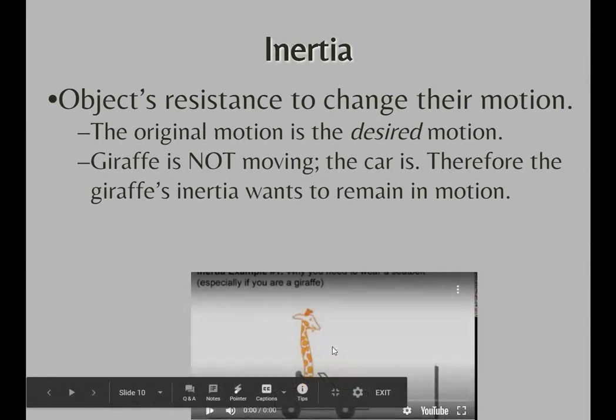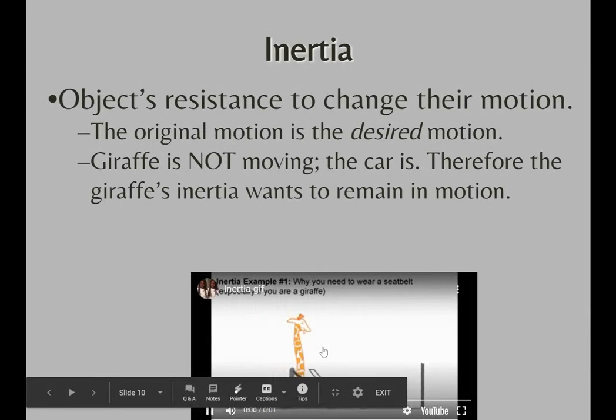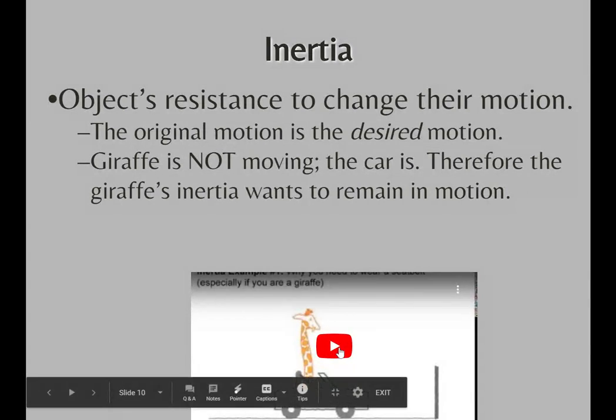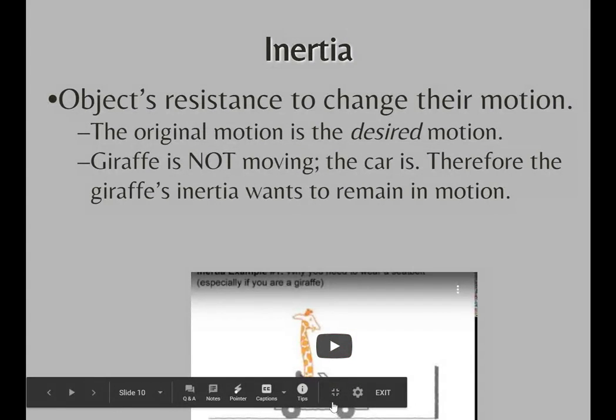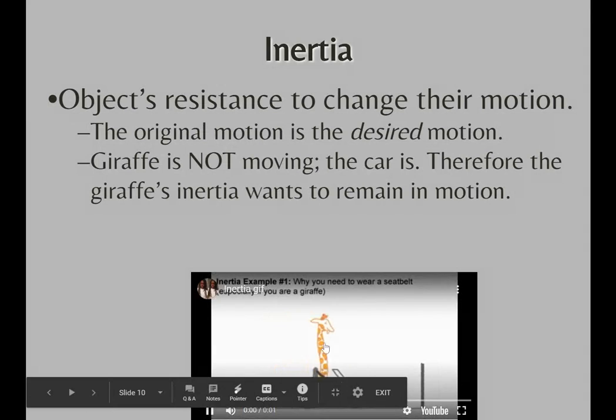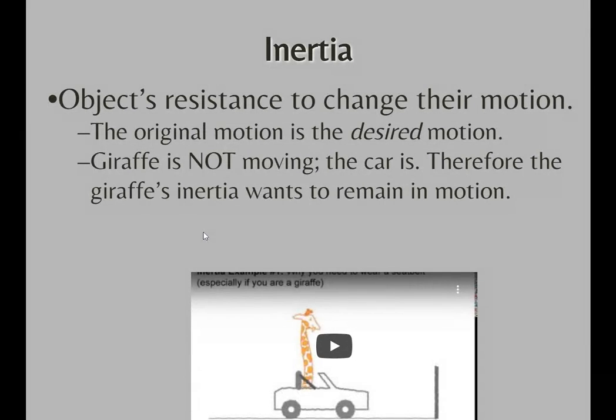So if we look at this GIF at the bottom, you see that the giraffe's neck moves once the car hits the wall. Well, what does that mean? That means that when we're in the car, we're not moving in the car. The car is moving, okay? And this is the reason why it's important to wear seat belts, because our bodies want to remain at rest when the car is moving.